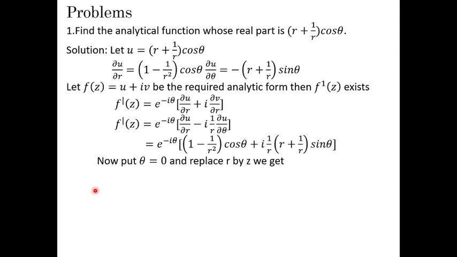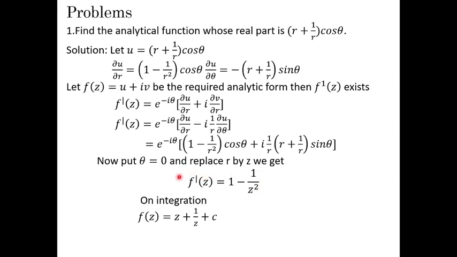F dash z is equal to e power minus 0, and e power 0 is 1, into 1 minus 1 by z square. What is cos 0? Cos 0 is 1. Plus I into 1 by z, z plus 1 by z, sin 0. What is sin 0? Sin 0 value is 0. 0 into this term is 0. Therefore, we get only f dash z is equal to 1 minus 1 by z square.